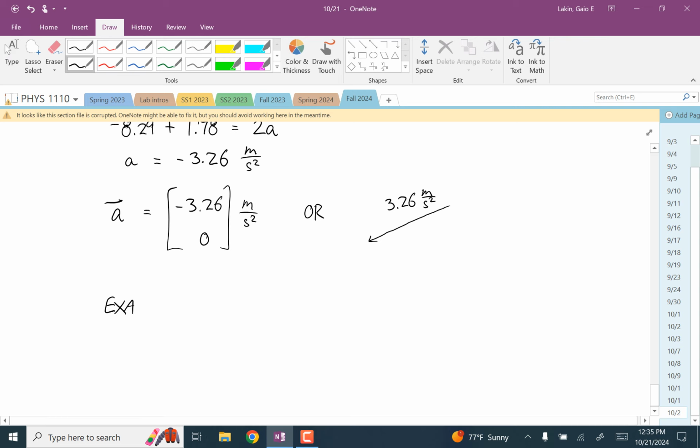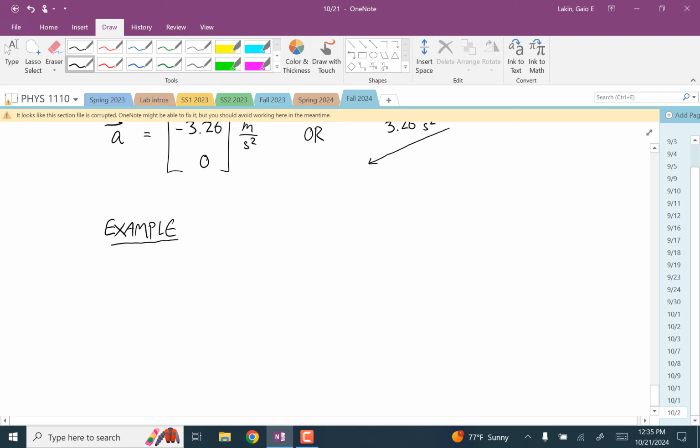Let's combine this with the thing that we did last time. So let's say we have a ramp that's at an angle of 5 degrees. And let's say we have a cart here, and it's connected by a cable to another cart.